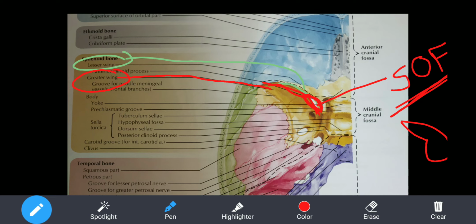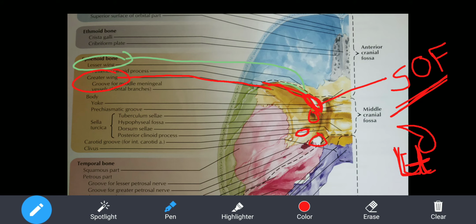I am sorry, I will draw it again, on both sides. This is the left side we are watching. This is about the sphenoid bone that I wanted to share. There are so many foramina, this foramen, this foramen. The next diagram is there, and in that we will discuss.